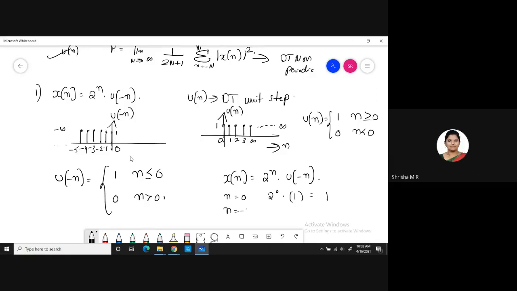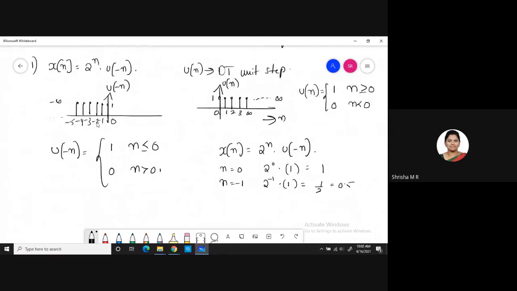If n is equal to minus 1, 2 power minus 1 into 1 gives 0.5. We are giving negative values of n, because it is u of minus n, the signal will not exist for positive values of n. The signal will exist only from minus infinity to 0, so I'm giving values from n is equal to 0, minus 1, minus 2, and so on.